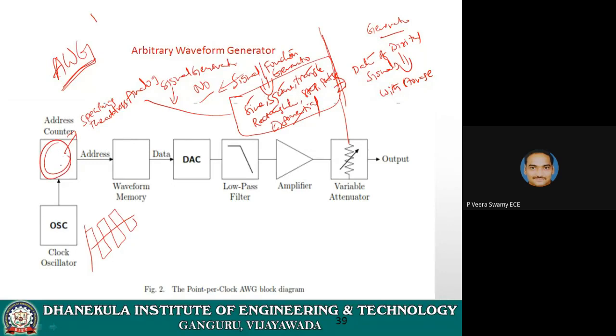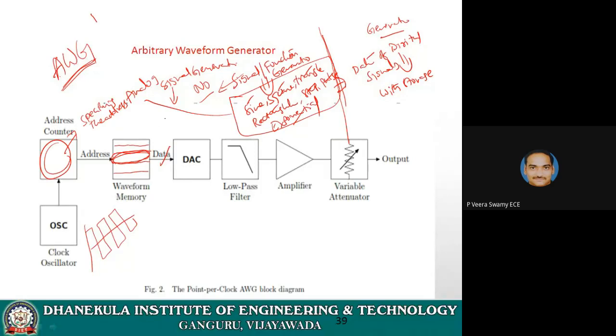This is the waveform memory, which has different locations. The address is specified here, then of course this is the particular location, so the data is sent to this particular location only. So data is stored here in this memory. Later we send it to the digital to analog converter.